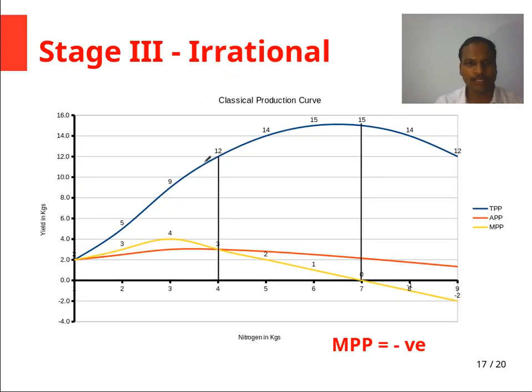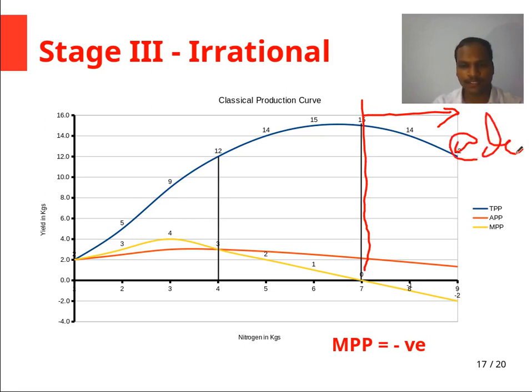The third stage starts from here and it is endless. So here the TPP decreases at a decreasing rate. So it slowly decreases. Then MPP becomes negative. MPP is less than 0. And APP reduces but never attains 0.